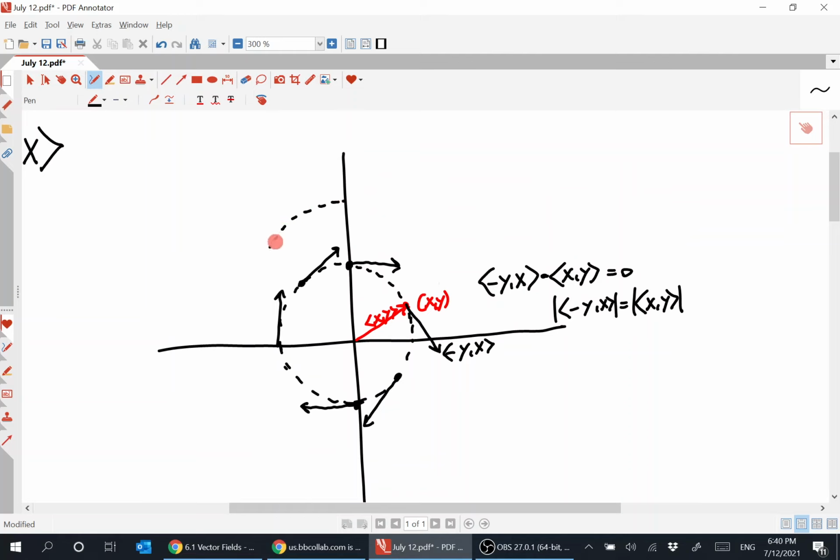On the circle of radius 2, it's the same sort of configuration of vectors, but they have length 2 now. So vectors of length 2, oops, pointing the wrong way.